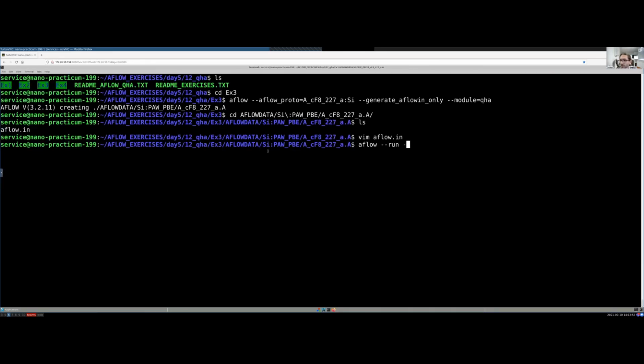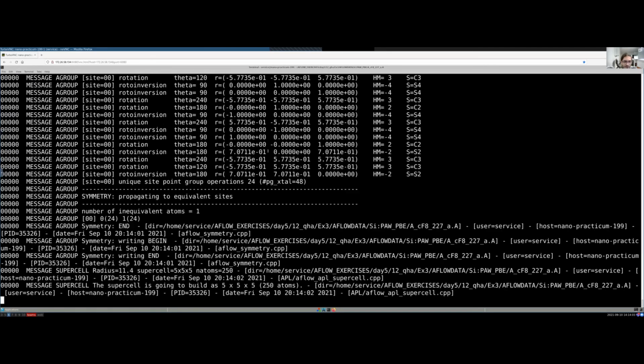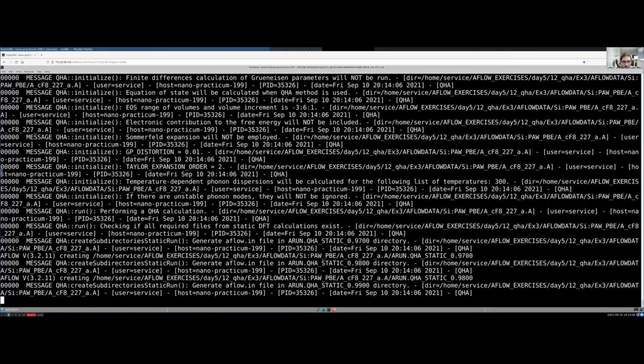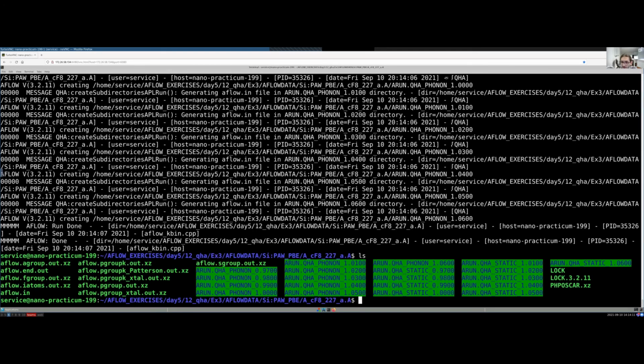I do a run. Let's generate AFLOW in only. And as you can see, there will be 10 directories for phonon calculations with different volumes as specified in the name.